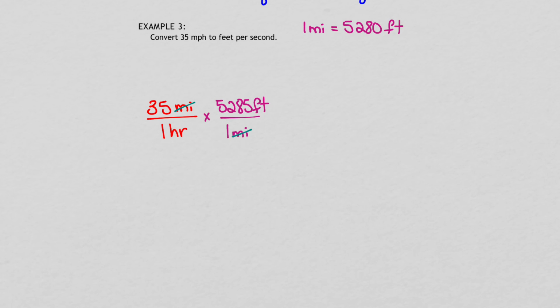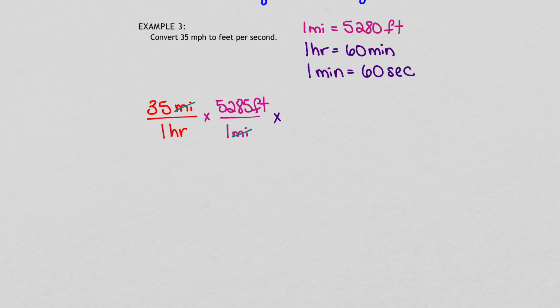We need to go from hours to seconds. Now, you may know off the top of your head how many seconds are in an hour, but let's say you don't. But we do know how many minutes are in an hour. We know that 1 hour is 60 minutes, and we know that 1 minute is 60 seconds. So this will help us get there.